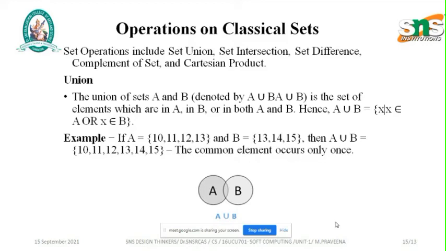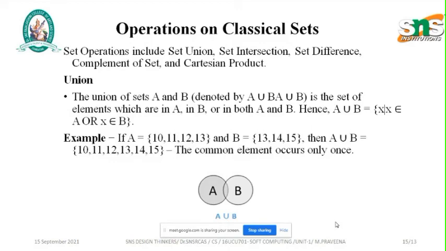All the elements in set A and set B combined is called the union operation. For example, A = {10, 11, 12, 13} and B = {13, 14, 15}.